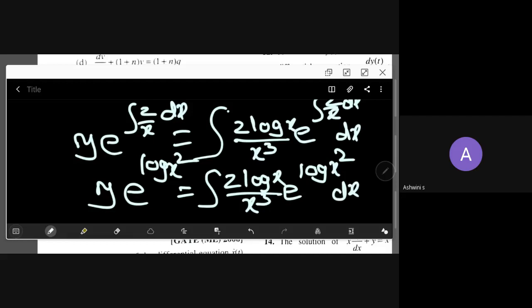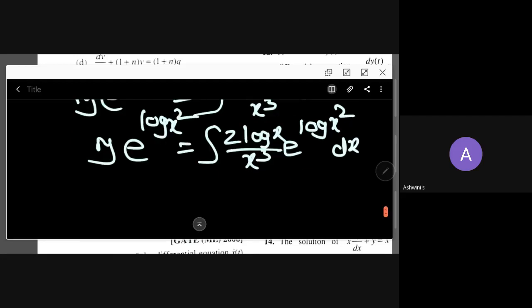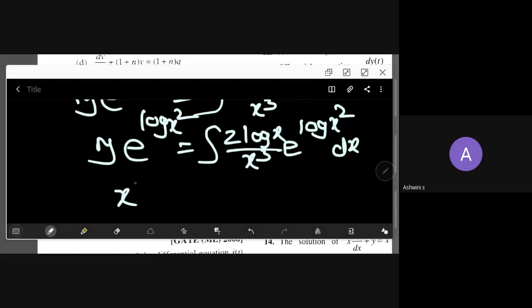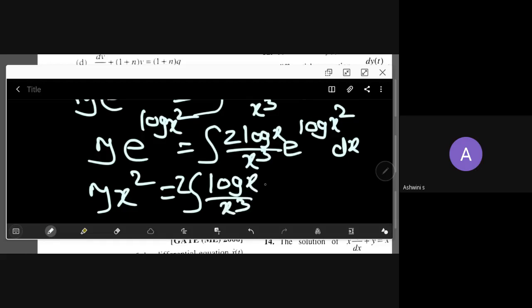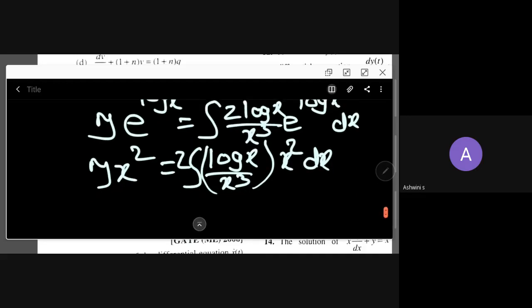E power log x square is x square. So we have x square y is equal to integral of 2 log x by x cube times x square dx, so log x by x will be there, plus some constant.